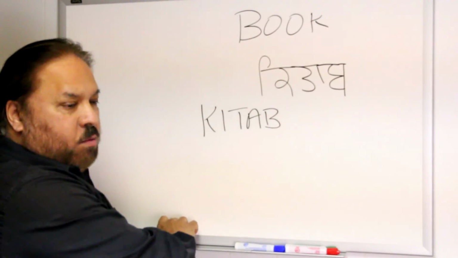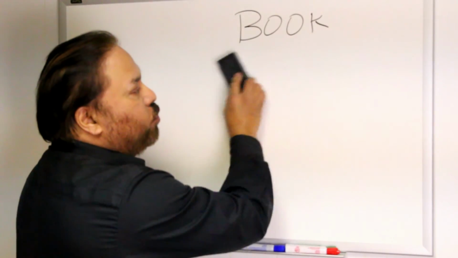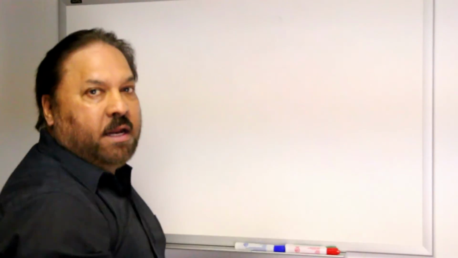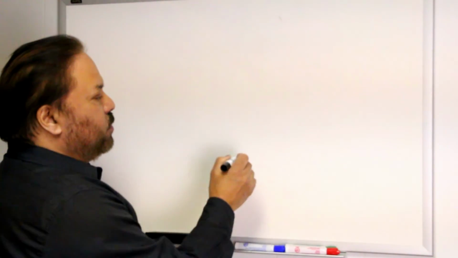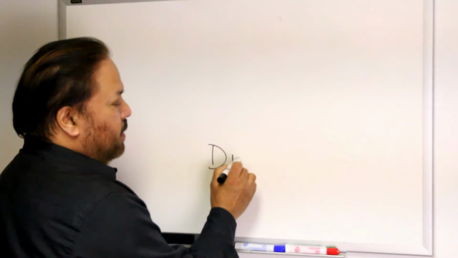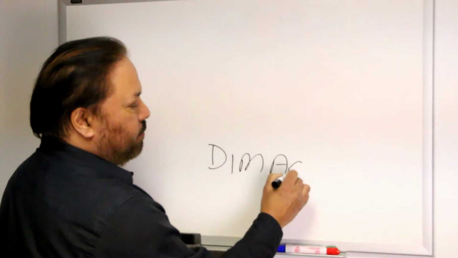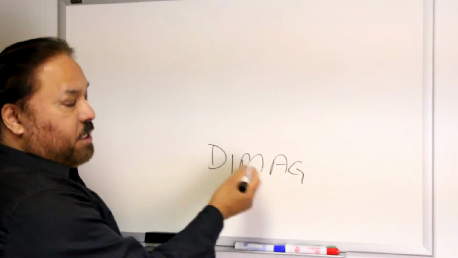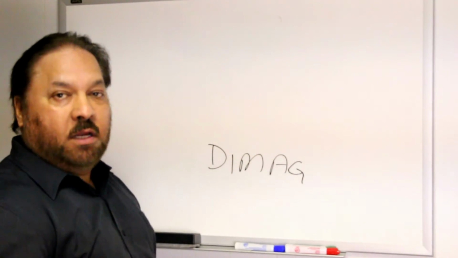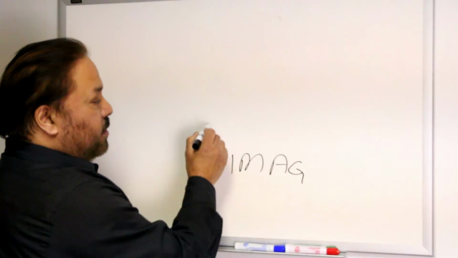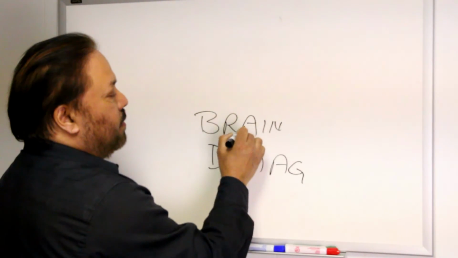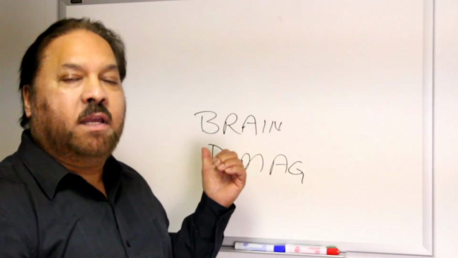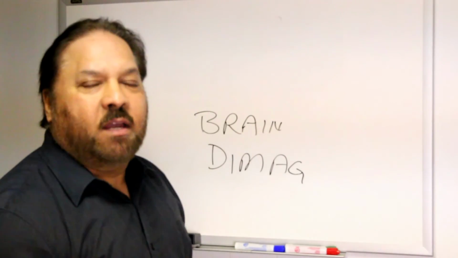Now I will tell you 1 or 2 more words. Then we will wrap up this lesson. The other one probably is Dimag. In English, we will write it like this: D-I-M-A-G. Dimag, which is brain. In English, the meaning is brain. And I will write it now in Punjabi.